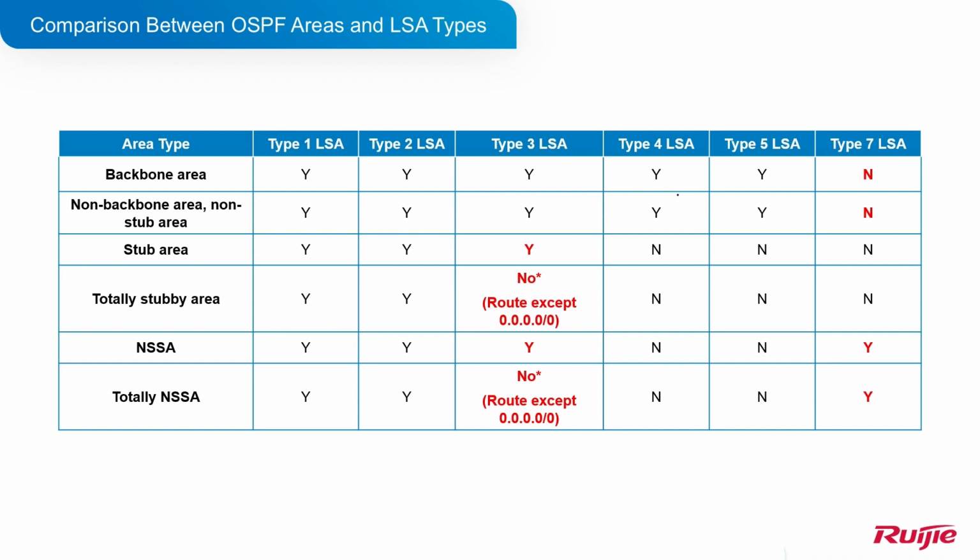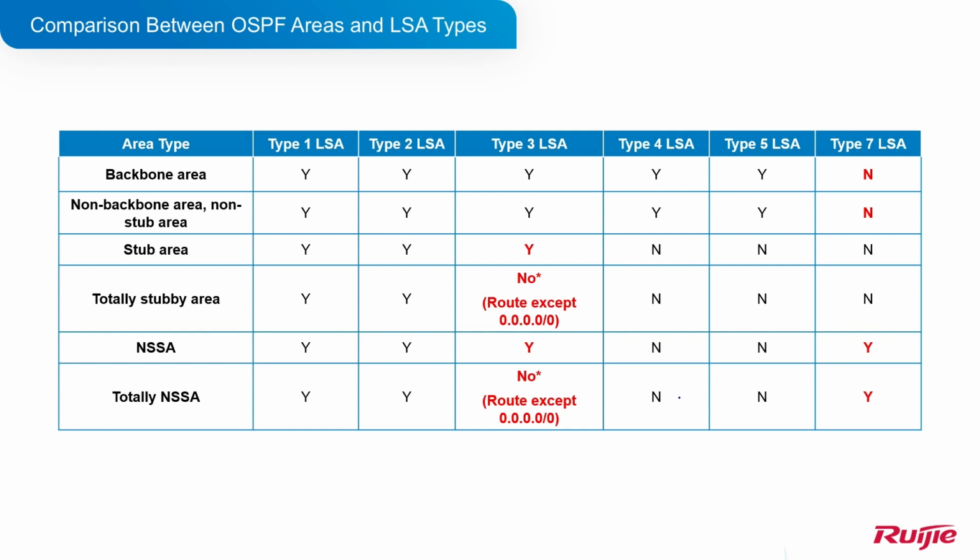Okay. And then for Type 4 and Type 5, just the backbone area and the non-backbone area, non-stub area can receive the Type 4 and Type 5 LSA information successfully. But the stub area, totally stub area, NSSA area, and totally NSSA area can't receive the external LSA information.